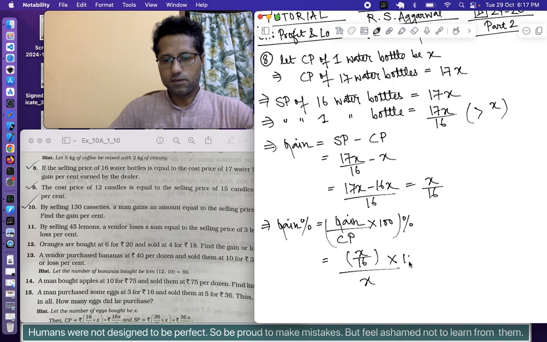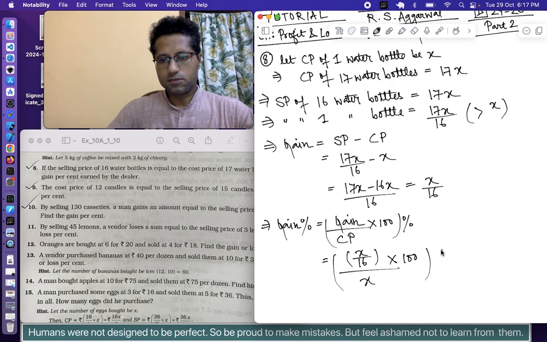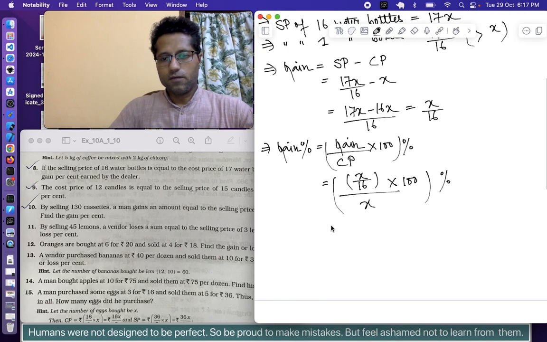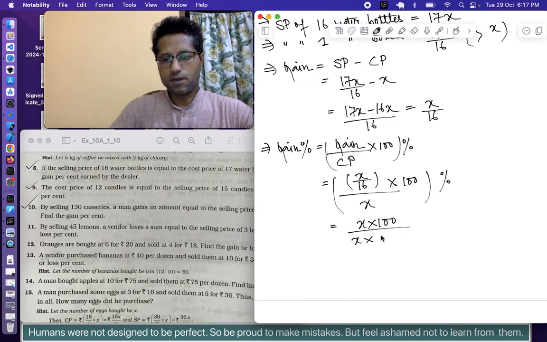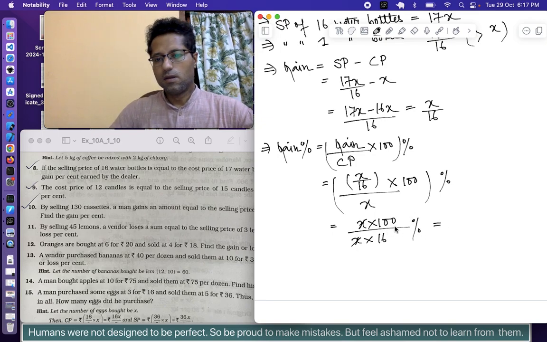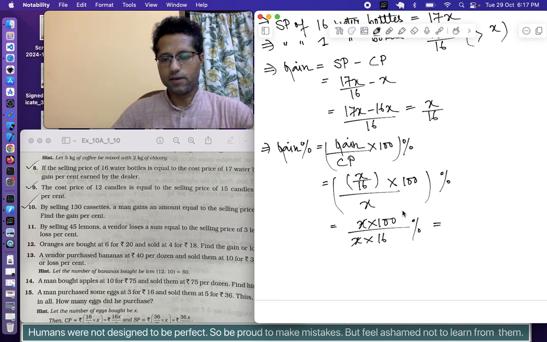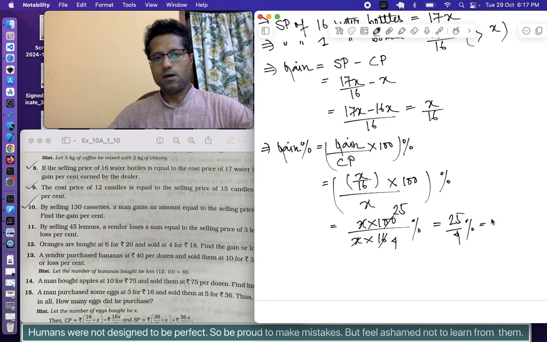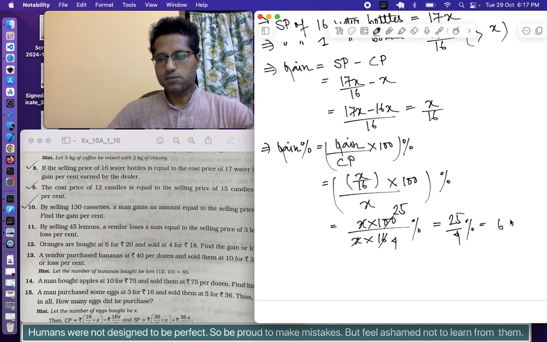So we have x by 16 divided by x, multiplied by 100. If you simplify, x cancels out, and after simplifying 100 by 16, we have 25 by 4 percent, which as a mixed fraction is 6 and 1/4 percent. So this is the percentage gain.